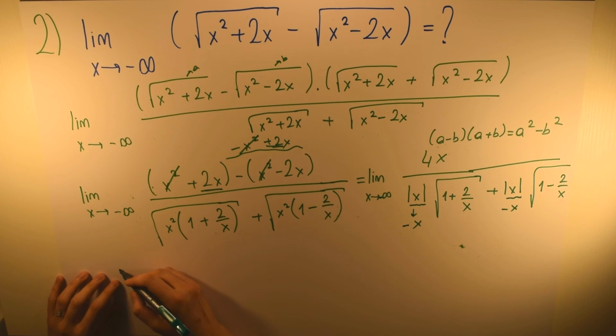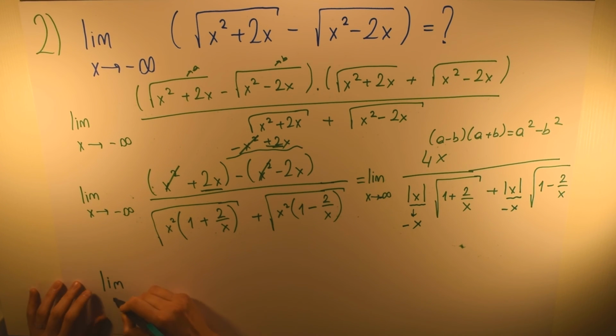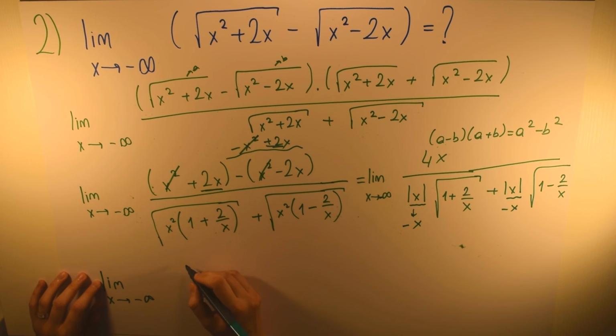So our limit as x approaches minus infinity, we have 4x over minus x times the square root of 1 plus 2 over x, minus x, this is also equal to minus x, so it's minus x times the square root of 1 minus 2 over x.